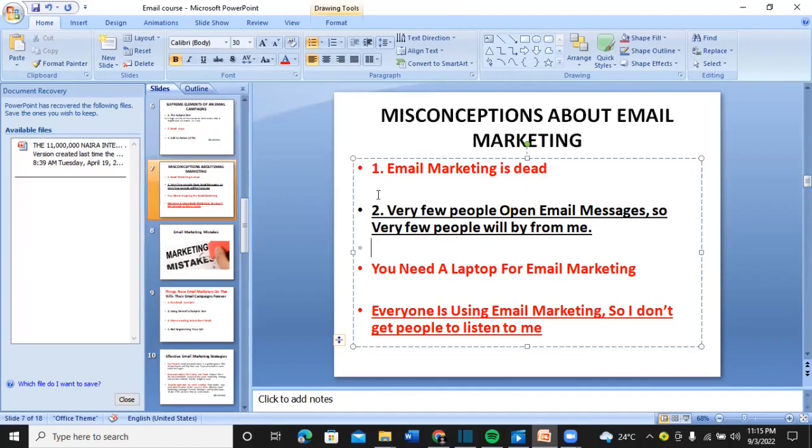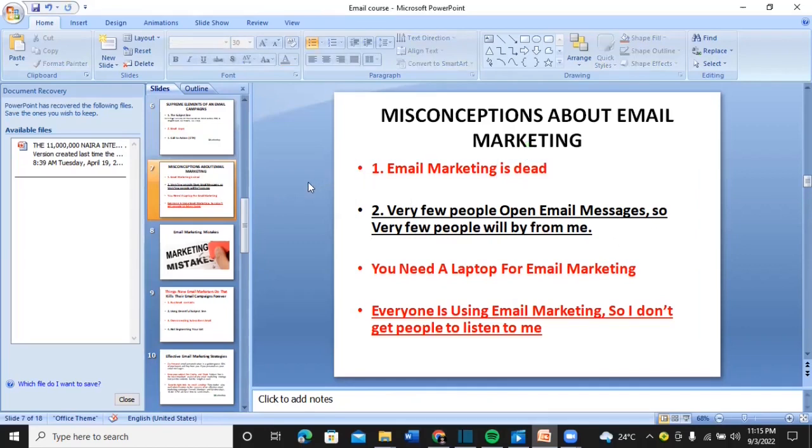But one thing I always say is that if many think that email marketing is dead, then email marketing has resurrected again and again. When social media came, people said email marketing is dead. When many other platforms came, people thought email marketing was dead. But till today, email marketing is even stronger than it was in previous years and decades.